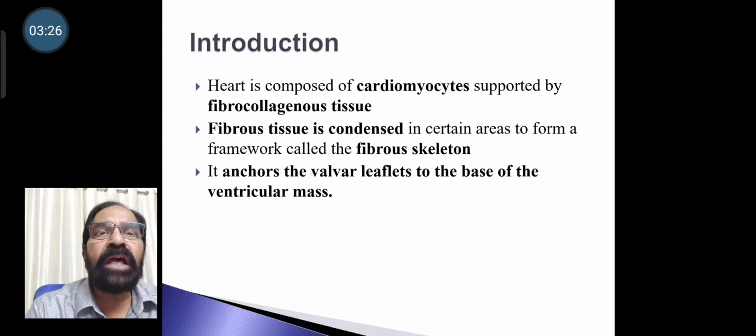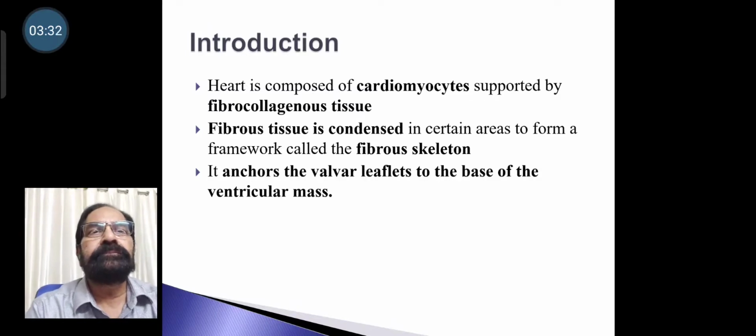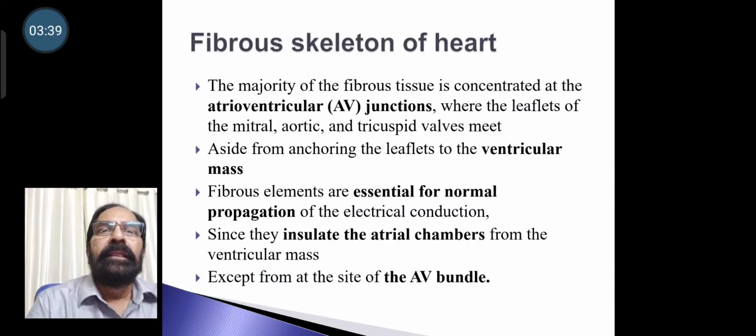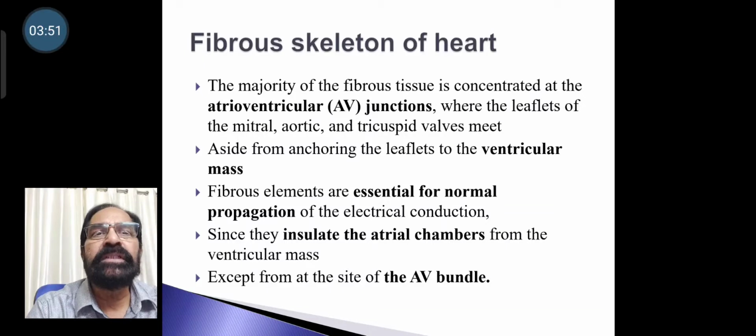It anchors the valvular leaflets to the base of the ventricular mass. The majority of the fibrous tissue is concentrated at atrioventricular junctions, where the leaflets of mitral, aortic and tricuspid valves meet.